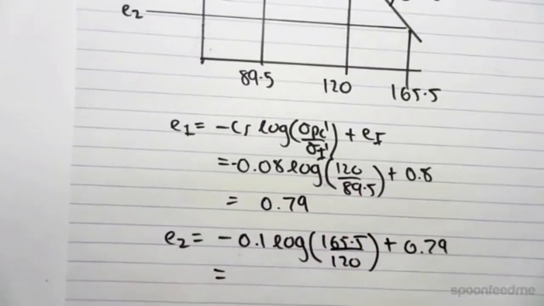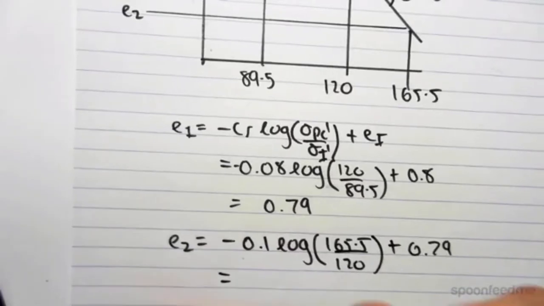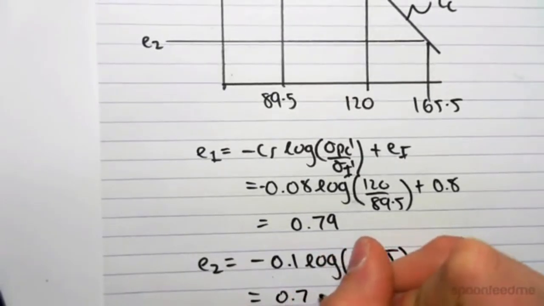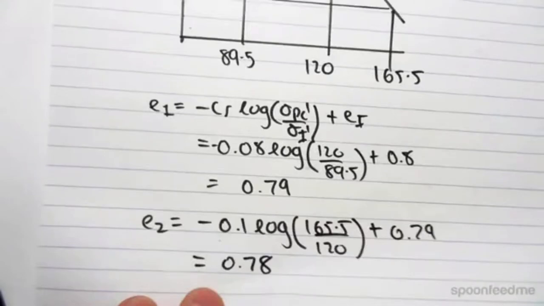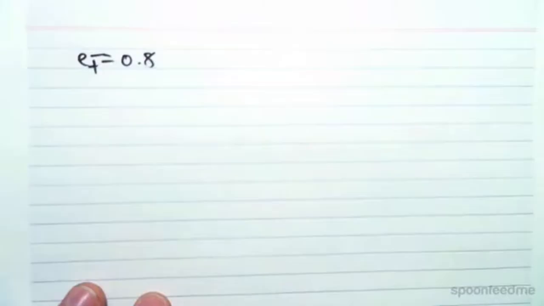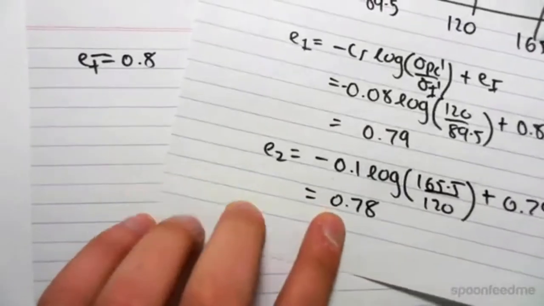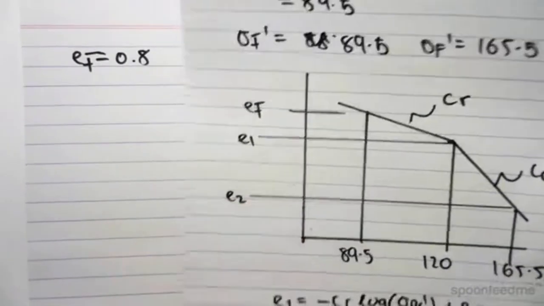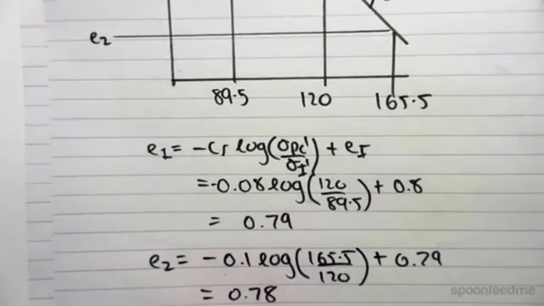So we get minus 0.1 log of 165.5 divided by 120 plus 0.79, which is 0.78. Okay, so there's e2. Our initial void ratio was 0.8, given to us in the question, and we find that our final void ratio e2 is 0.78. So ef is 0.78.